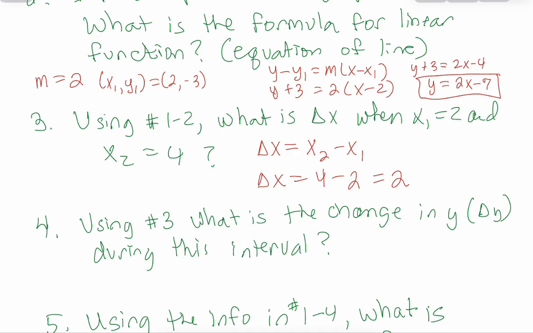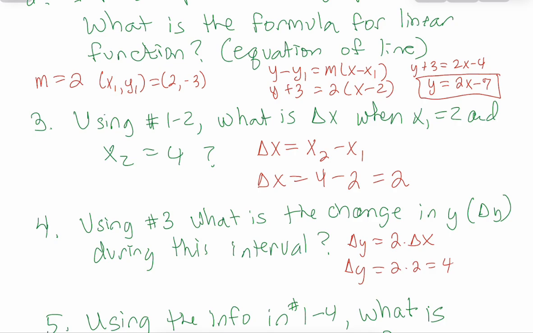And then number 4 says, using what we found in number 3, what is the change in y or delta y during this interval? Well, we have a formula. I gave it to you in problem number 1. It said that delta y was 2 times delta x. So if you found that delta x was 2, delta y is just 2 times 2, or 4.